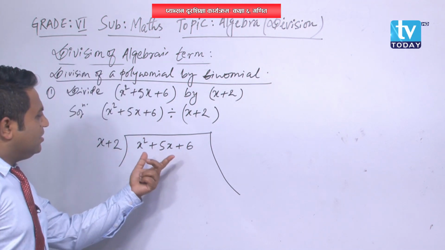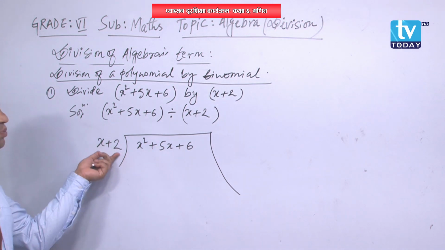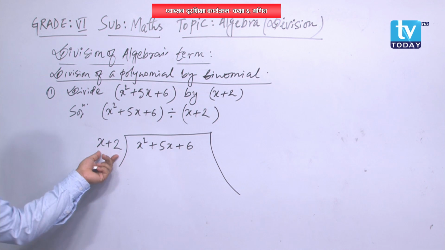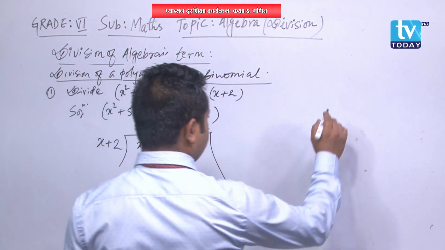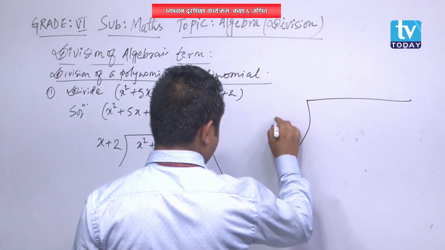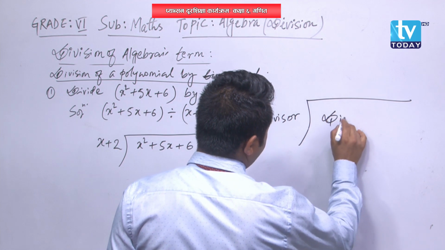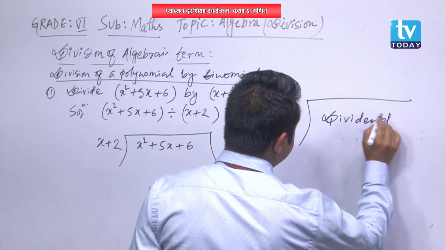And this is called the dividend. Here x plus 2 is the divisor.